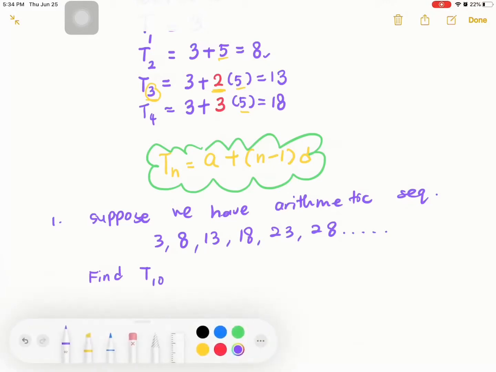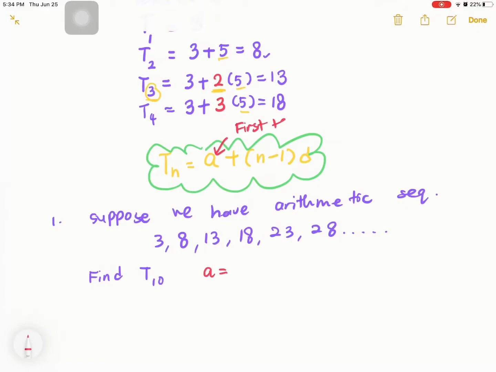How do we want to find T10? First thing first, you have to recognize your A. A is our first term in the sequence. N is the term that we want to find. And D is our common difference.